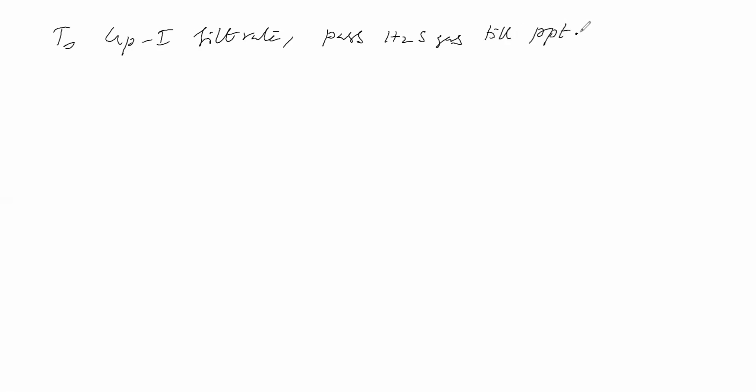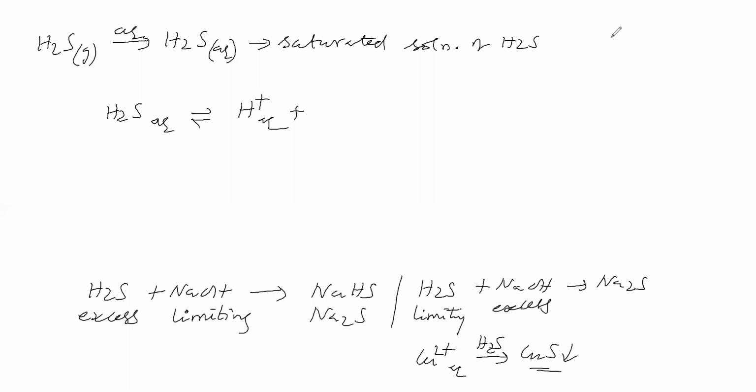To the group 1 filtrate, pass H2S gas till precipitation. Then we will get this precipitate.